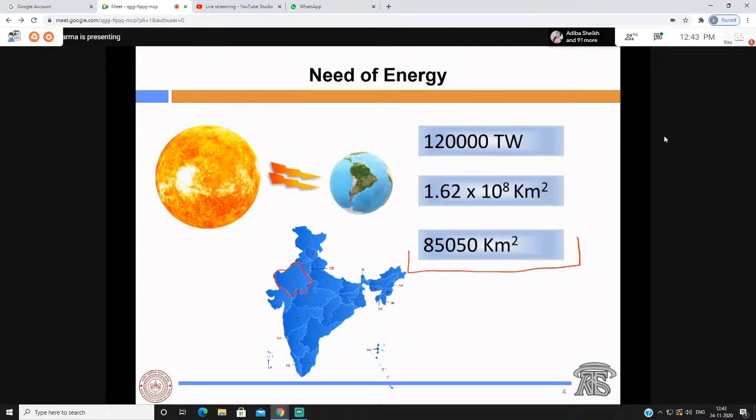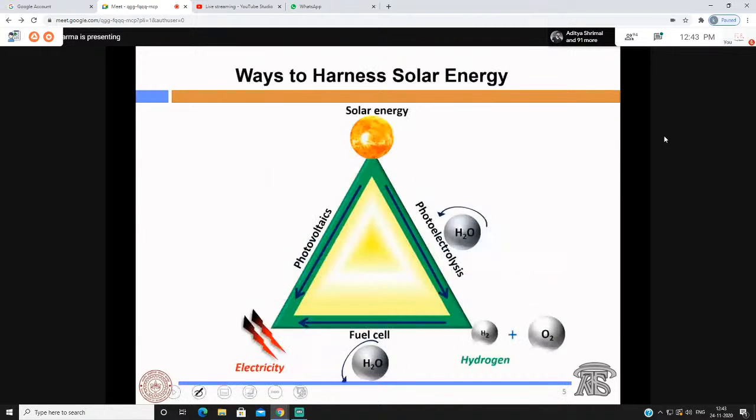Now, how do we harness the solar energy? There are different technologies being developed, and what are those technologies? That solar energy we can directly convert into electrical energy, and that is through the solar cells. We call it photovoltaics. This is a direct way.